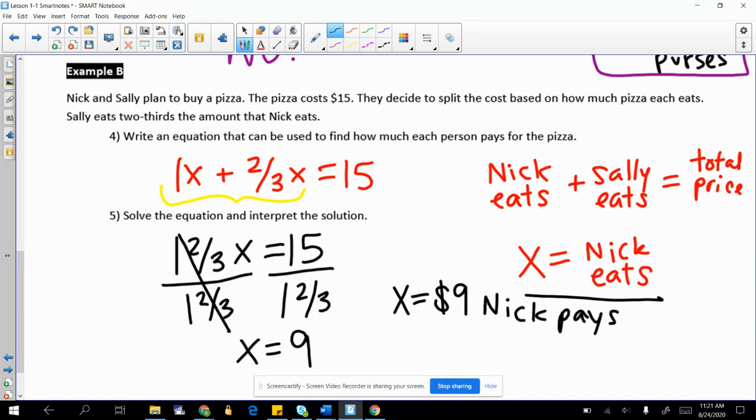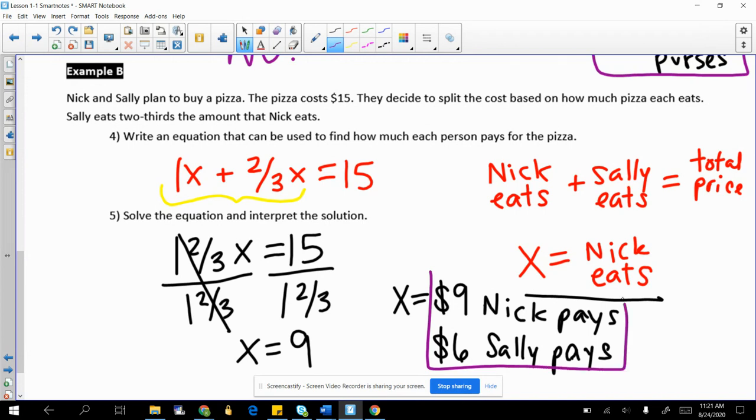So we can either do 15 minus 9, which is $6, and that is what Sally would pay. Or what you could have done is 2/3 times 9 would also give you 6 for how much Sally would pay. And that would be your final answer there.